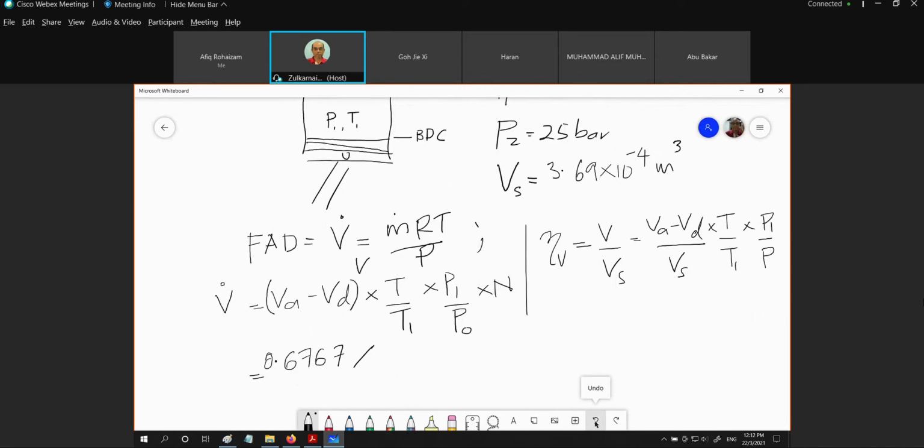Vs. Kalikan dengan Vs. Vs tadi 3.69 kali 10 negatif 4. Kalikan dengan T kita adalah 288, divided by T1 adalah 313. Kalikan dengan P1 kita adalah 1 tadi.